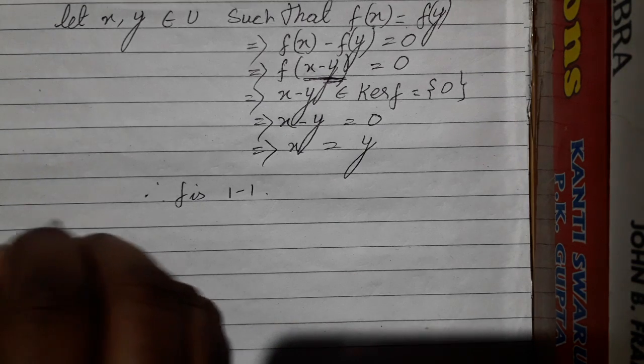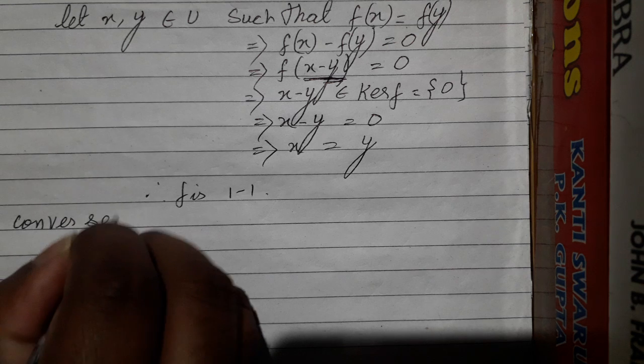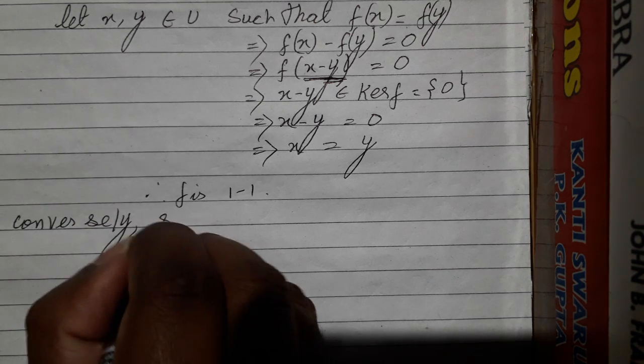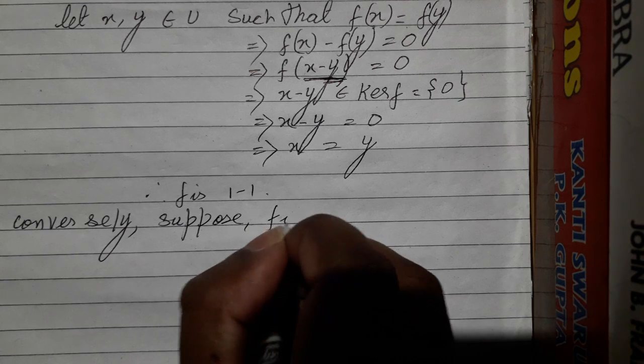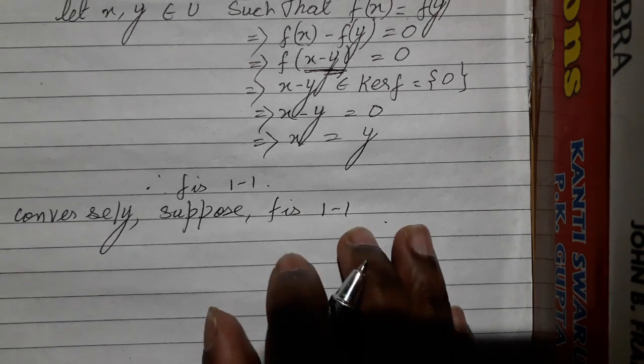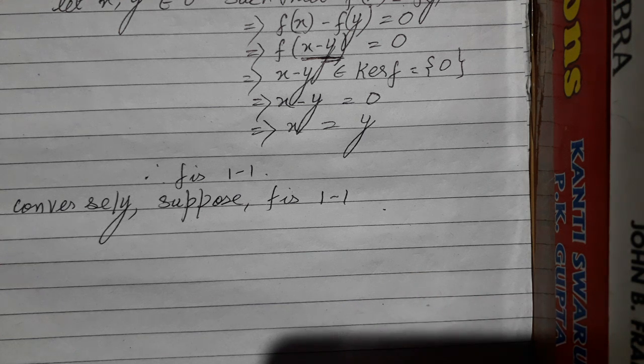Now conversely, suppose f is one-one. We'll try to prove kernel of f is 0. So we have to show that kernel of f is 0.